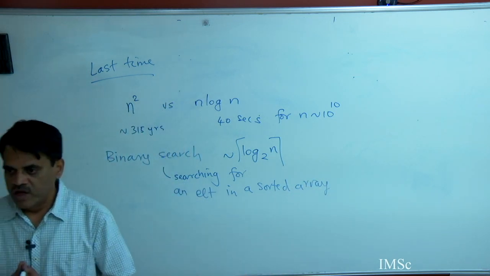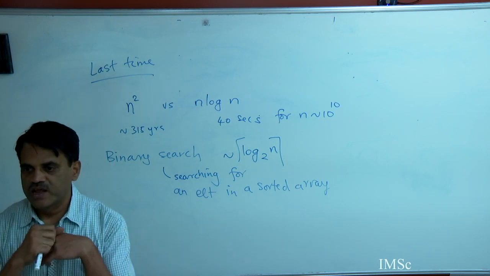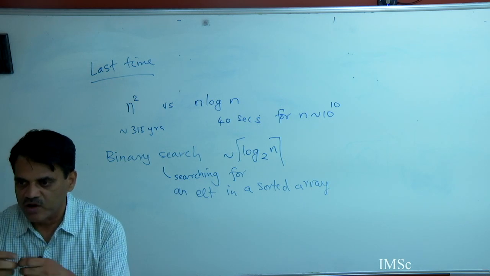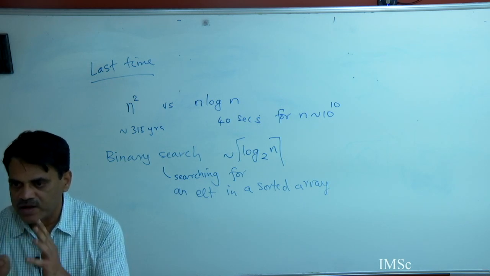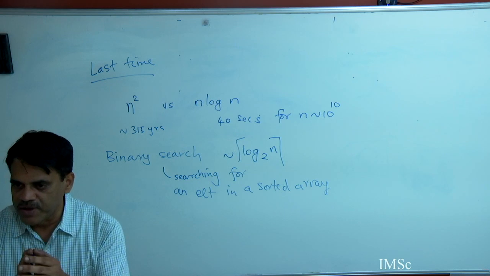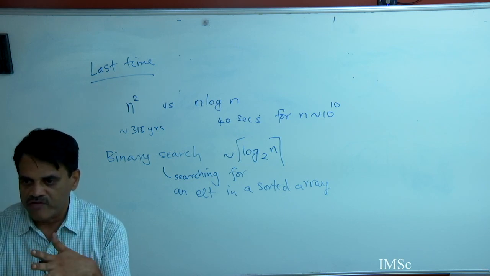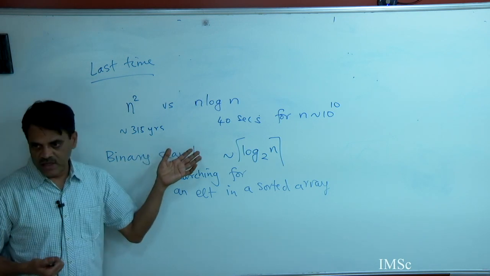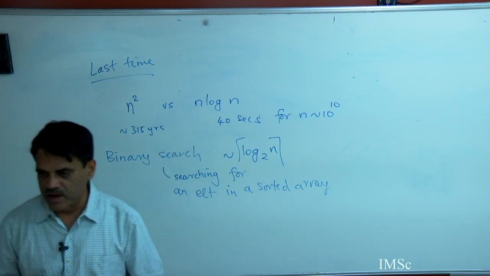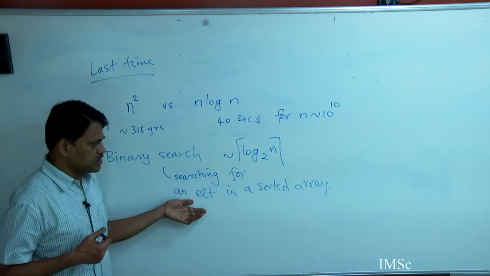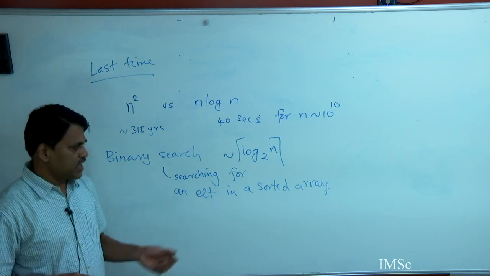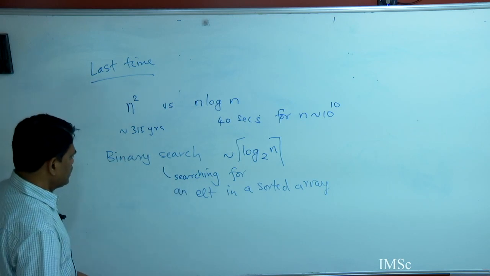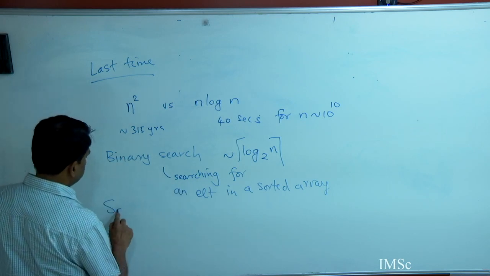If you have a huge array arranged in increasing order and you want to query whether an element is in the array or not, you go to the middle of the element, and depending on the answer to the comparison you get, you can throw away half the elements, and that has a very similar flavor as the strategy you had for guessing the number. And so you can search for a number in a list of size n, if the array is sorted, in log n time. That took us to this problem of how do you sort, right?